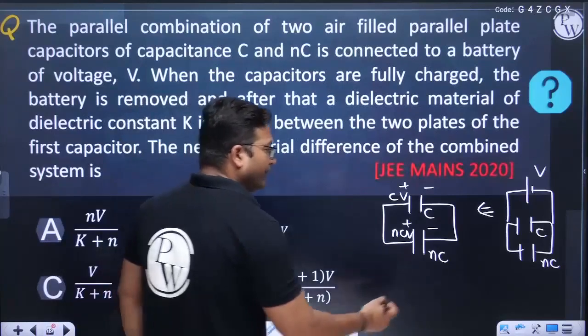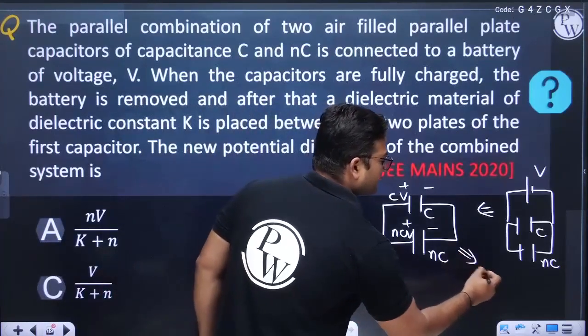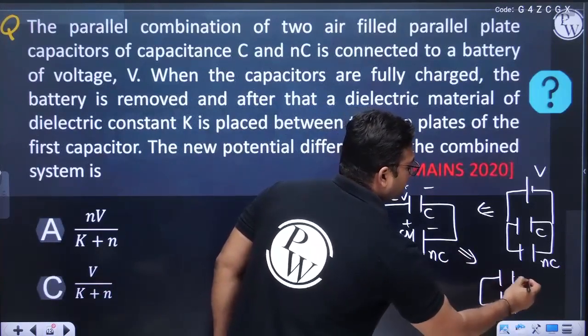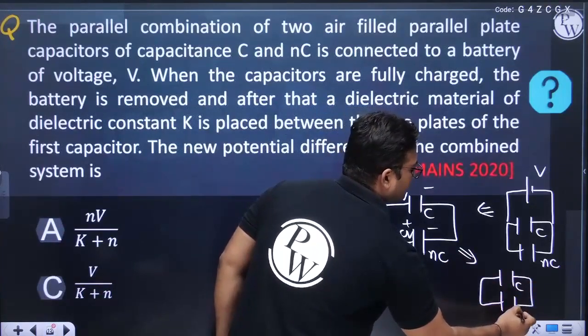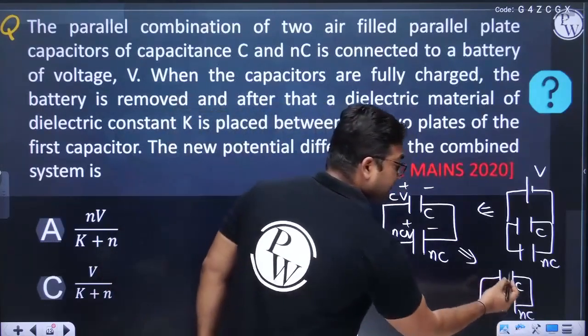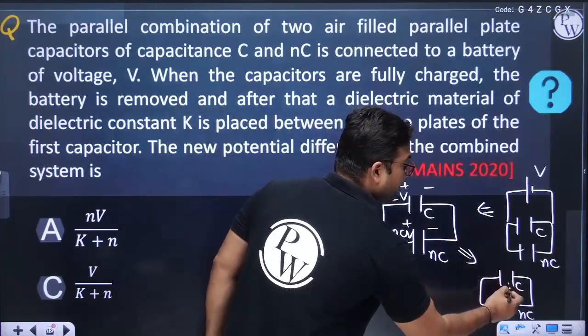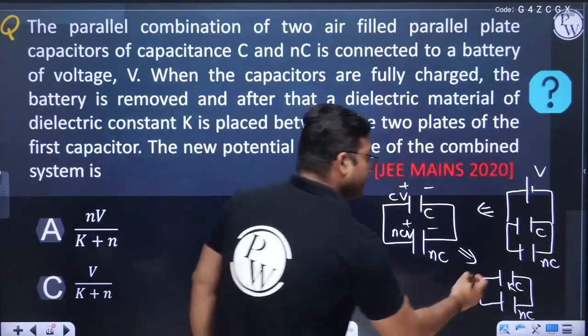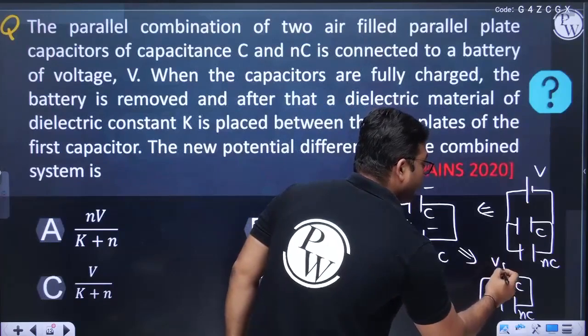Okay, so finally we have this, and in the capacitor of capacitance C we have inserted a dielectric, so its capacitance is going to be KC, and let us assume the final potential is V final.